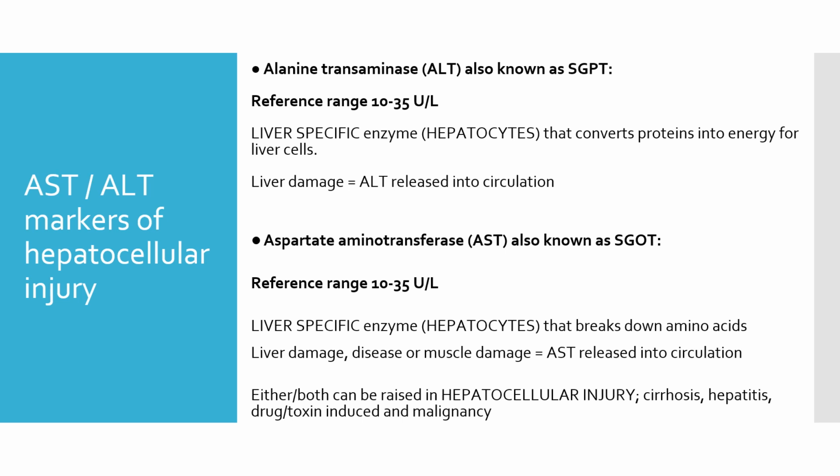So if the AST-ALT ratio is 2 AST to 1 ALT, so if the AST is 20 and the ALT is 20, or if the AST is 40 and the ALT is 20, they're obviously very low.